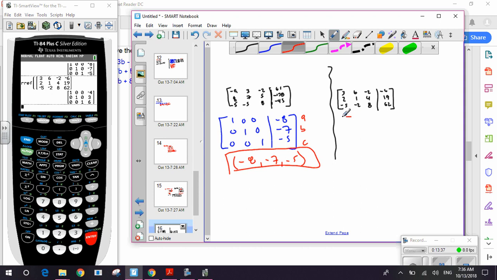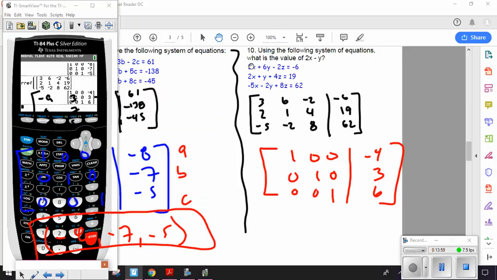So this output says 1, 0, 0, -4, 0, 1, 0, 3, and 0, 0, 1, 6. So when I go back to the problem, it was in X, Y, Z order.